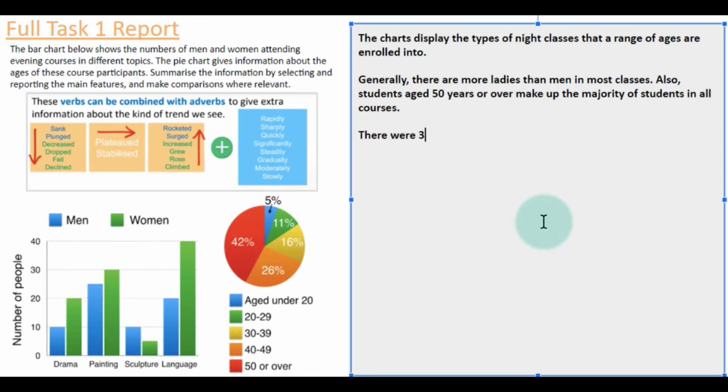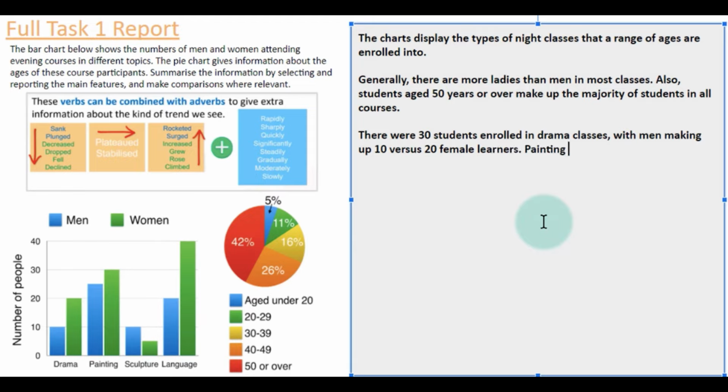There were 30 students enrolled in drama classes, with men making up 10 versus 20 female students. And I think here we've said students a lot. I'm going to say learners.